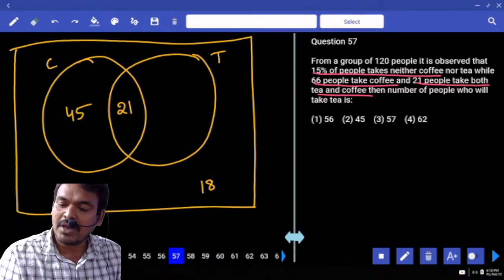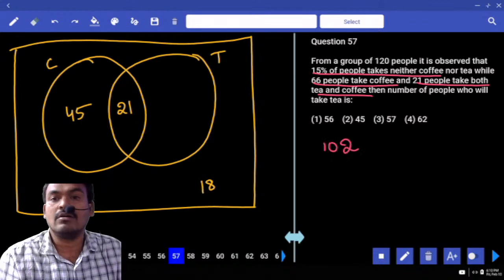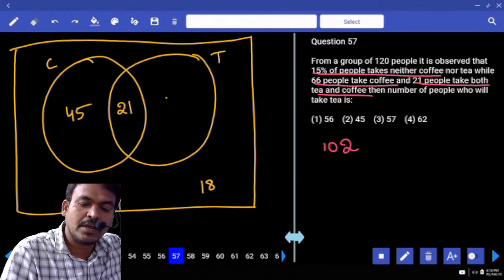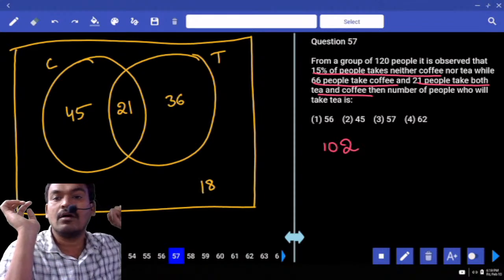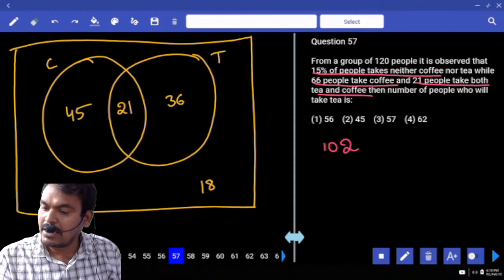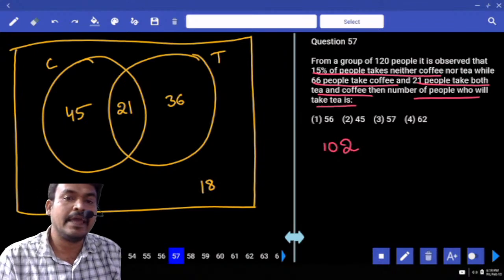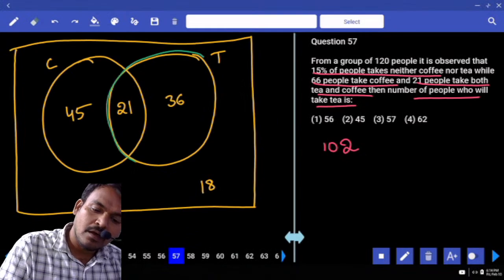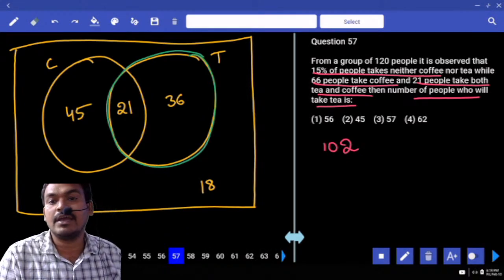What are the remaining members? 102. Out of 102, how many members are completed? 66. What are the remaining? 36. What is the question here? Find the number of people who will take tea. We require the tea value. How many members? 57.